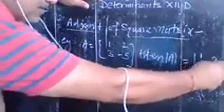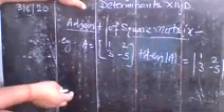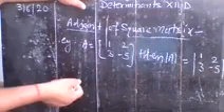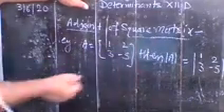The determinant of A can be written as 1, 3, 2 and minus 5, that is the value of determinant of A. So you find all the cofactors of the elements of this determinant.